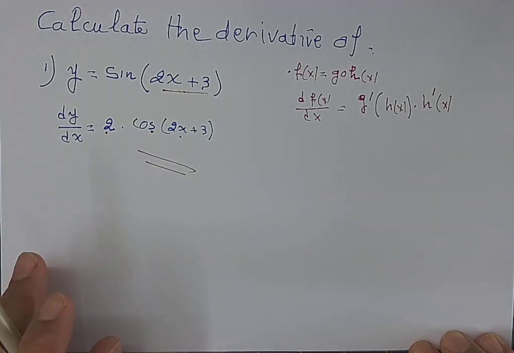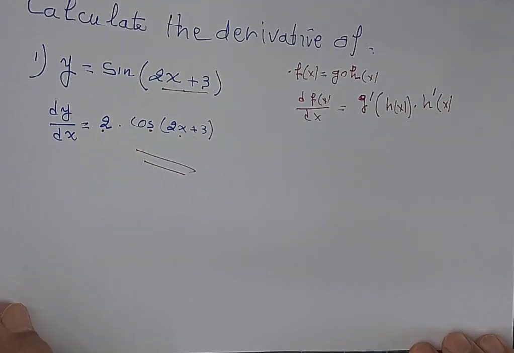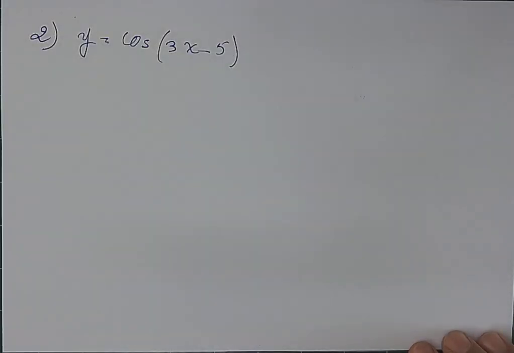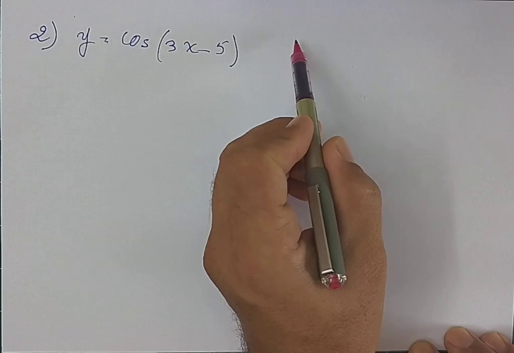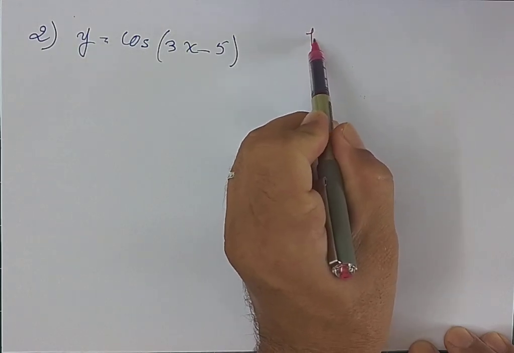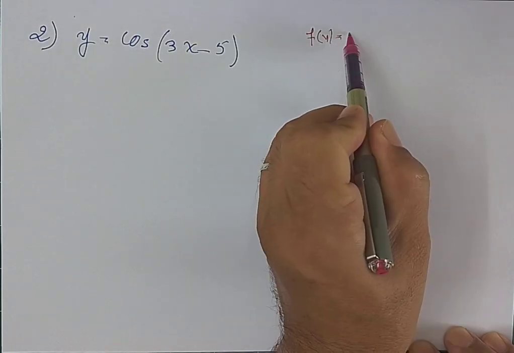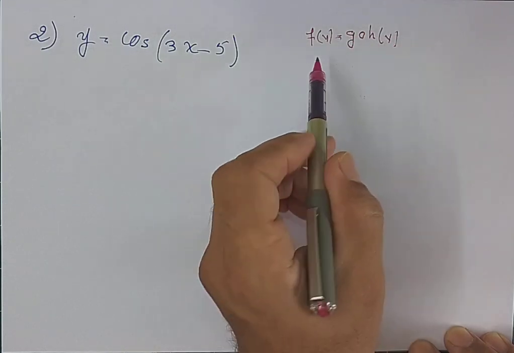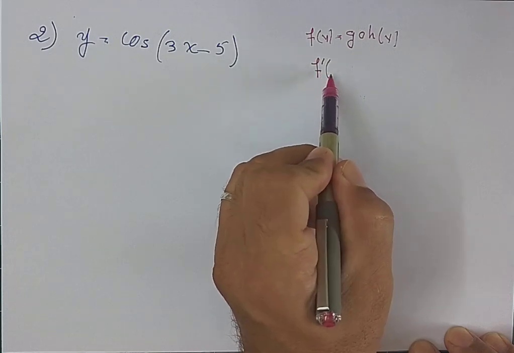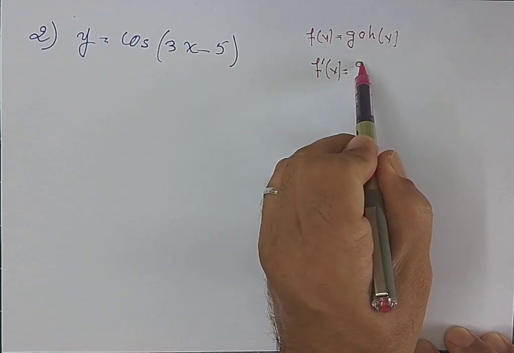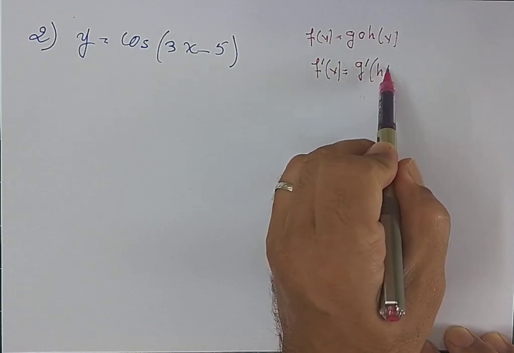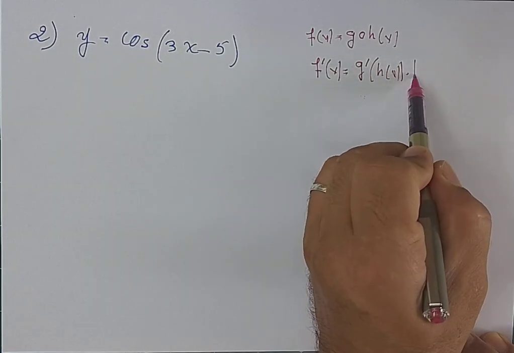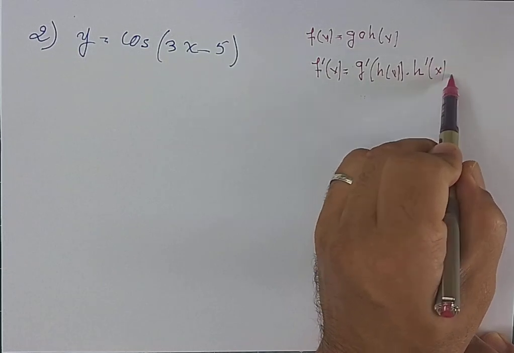So let's move to another one. Here we have y equals cosine of 3x minus 5. The same thing I can do: if we have f(x) equal g composed with h(x), we need the derivative of f equal to the derivative of g at h(x) times the derivative of h(x).